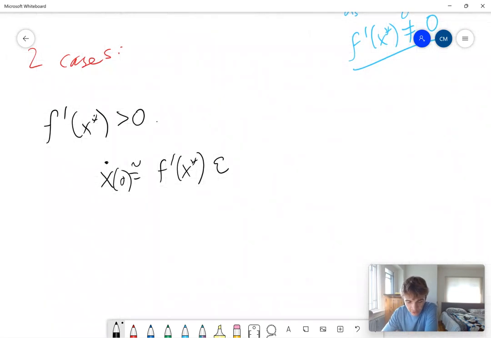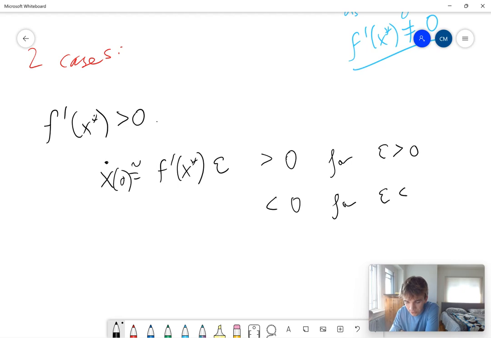And now we can say that this is going to be the same sign as the epsilon. So this is greater than 0 for epsilon greater than 0, less than 0 for epsilon less than 0, right? And remember, my perturbation is precisely that epsilon. So this is a positive perturbation. We can see that if I perturb in the positive direction, my derivative is going to be positive. So I'm going to start flowing in the direction I've moved, and I'm going to diverge away, right?